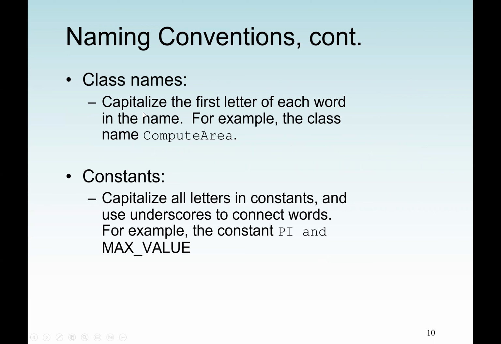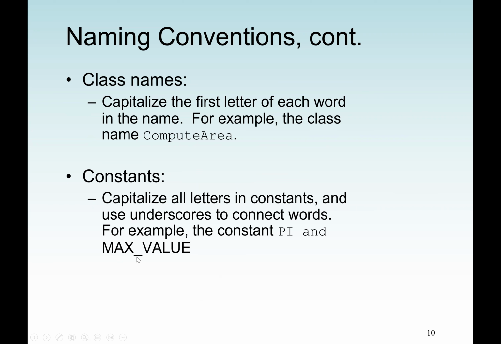For a class name, by convention in this course, we always start a class name with a capital letter. So we capitalize the first letter of each word in the name. But to name a variable, we start with lowercase. Also, if we are naming constants, it's up to you, but in this course we are going to use only uppercase.